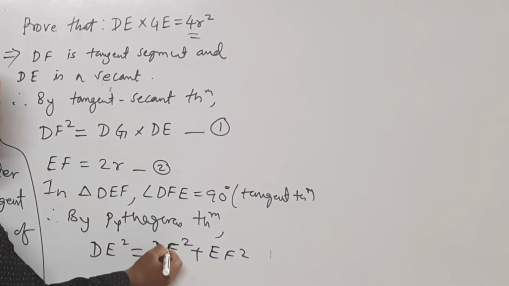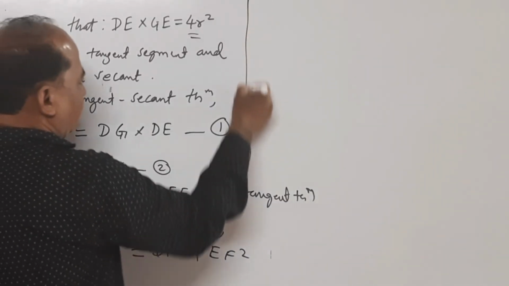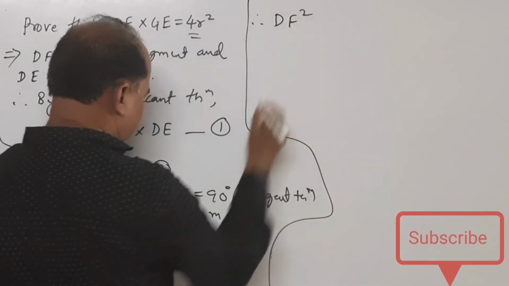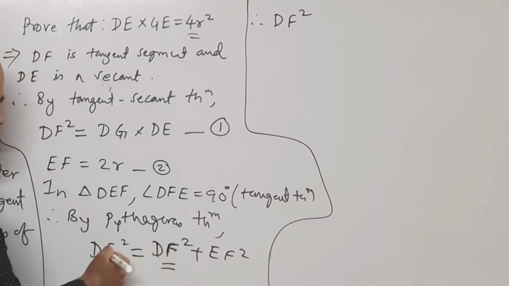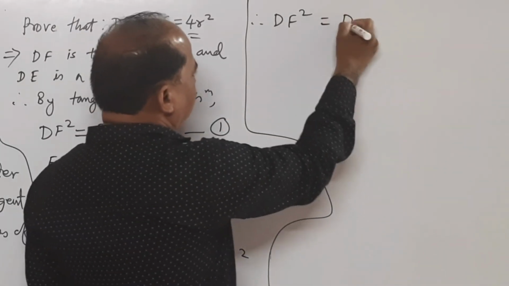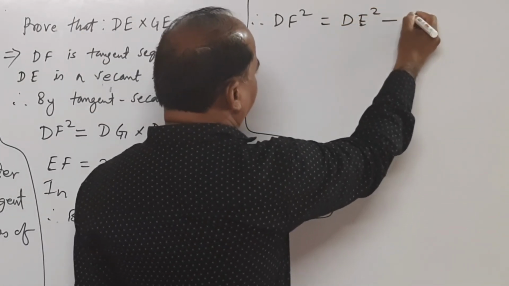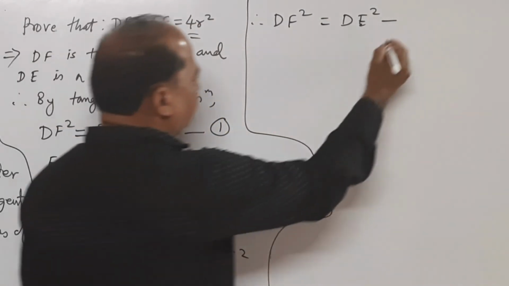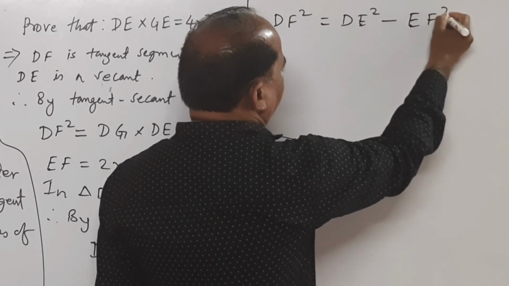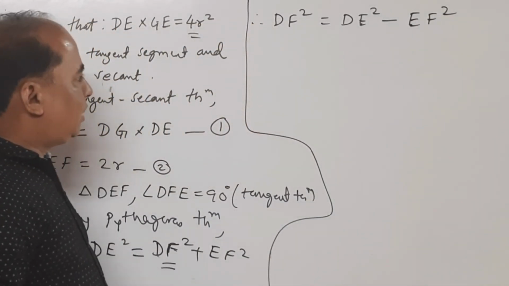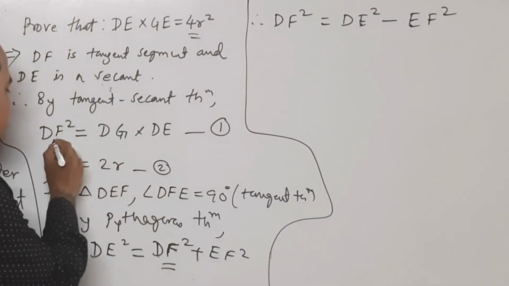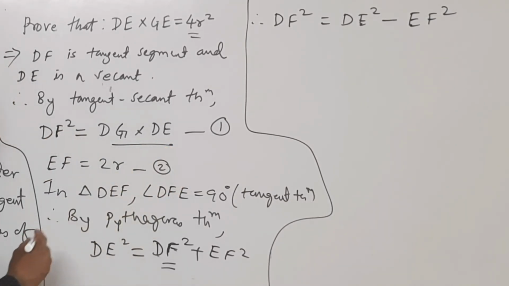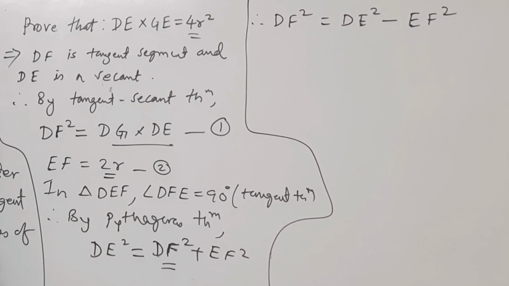Therefore, DF square is equal to DE square minus EF square. Now from statements 1 and 2, DF square is DG into DE and EF is equal to 2R.